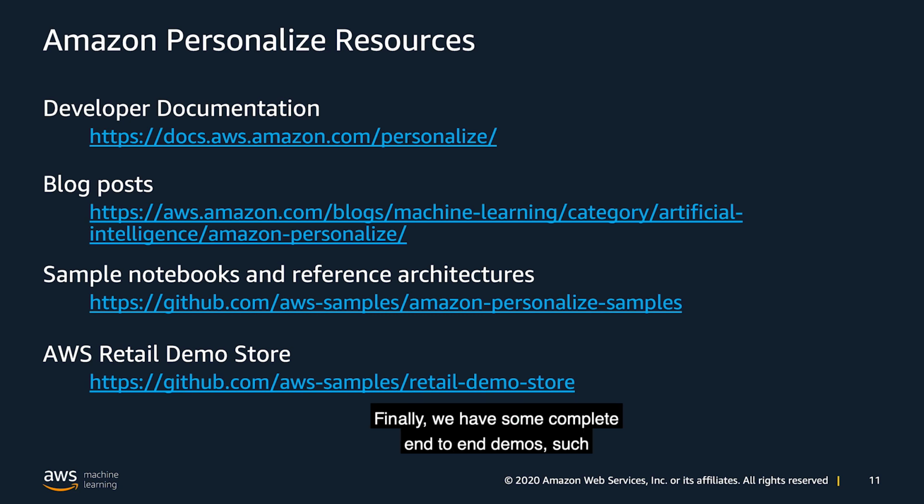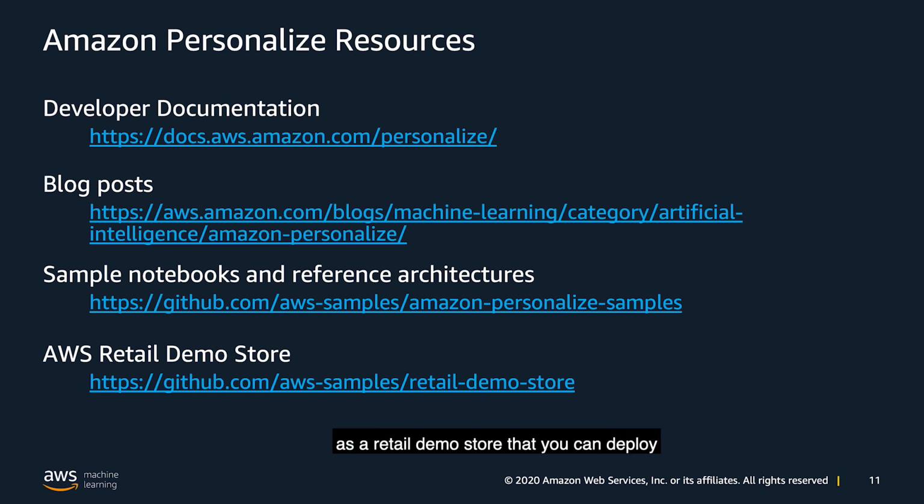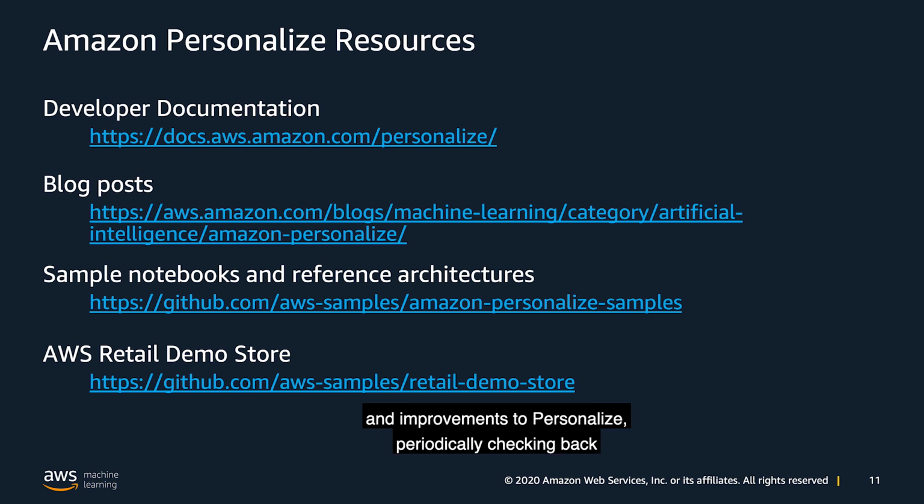Finally, we have some complete end-to-end demos, such as the retail demo store, that you can deploy into your AWS account to see how a full stack integration with Personalize can be built. Since AWS is constantly adding new features and improvements to Personalize, periodically checking back on the latest developer documentation updates, the Personalize blog, and the GitHub resources is a great way to stay current with the service.